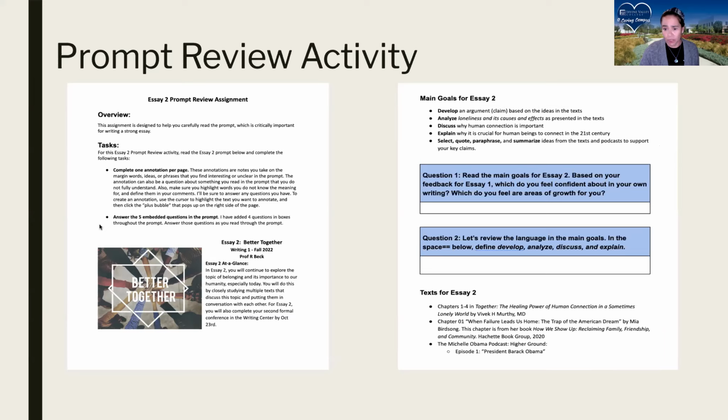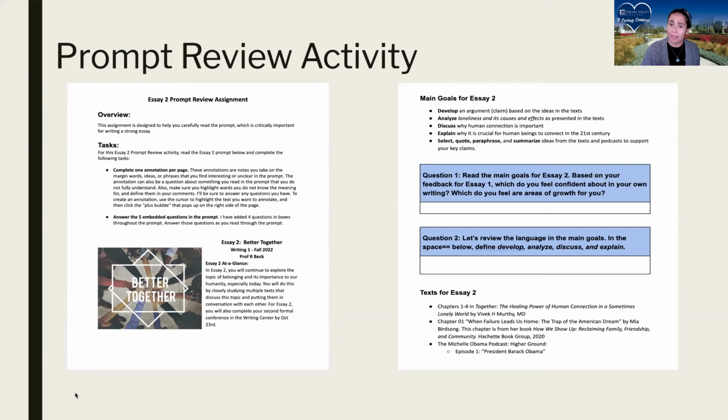So what I'm sharing with you then is these questions that I have, and I will also share later how students also do annotations. So the questions relate to understanding what's in front of them. If you look at the first question, it is, please read the main goals for essay 2, and based on your feedback from essay 1, which do you feel confident about in your own writing, and which do you feel are areas of growth for you?